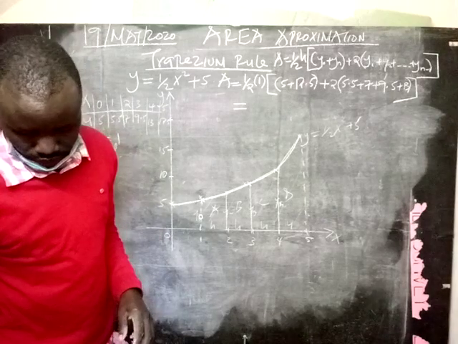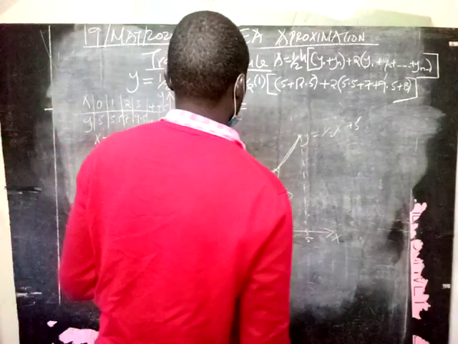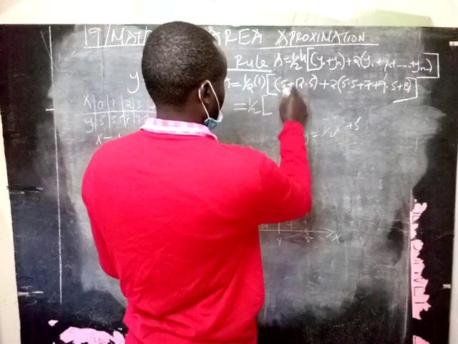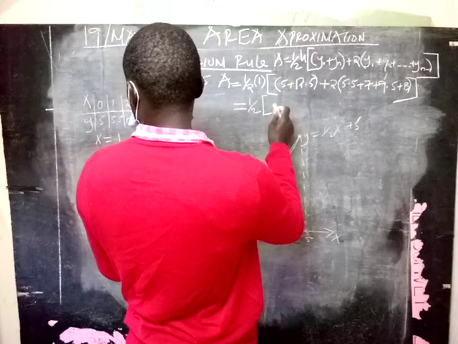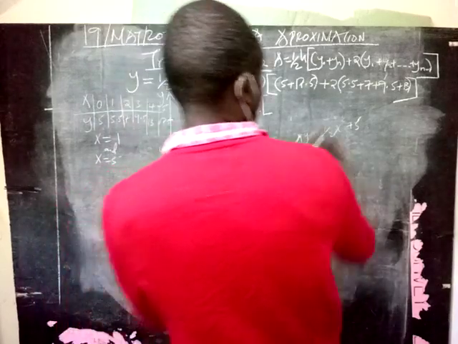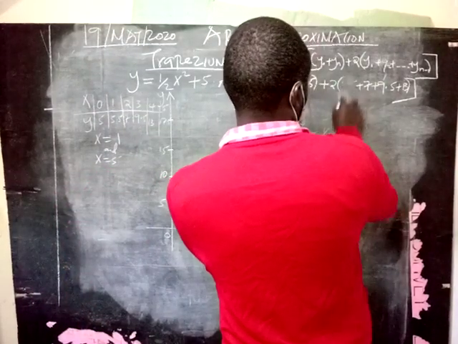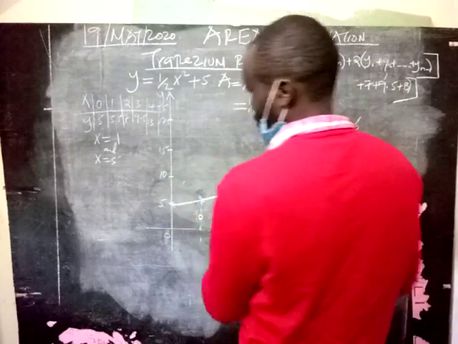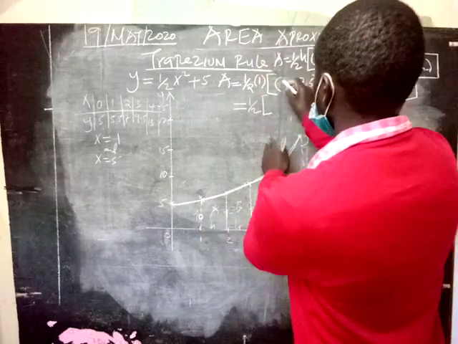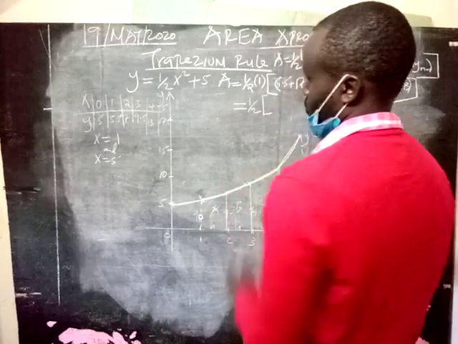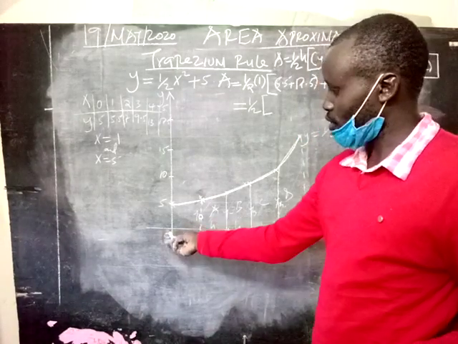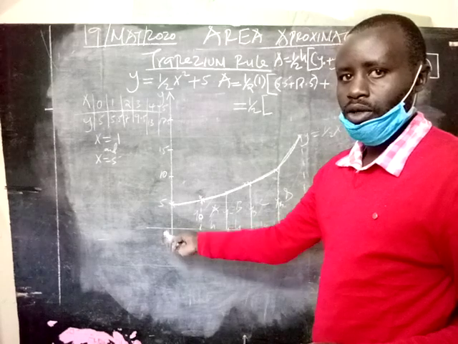And what you're going to get is half into, this one is 23 actually. No, here we have an error. Remember it was x equals 1. So we are starting from the height of this, which was 5.5. If we were asked to find from x equals 0, here is where we would have started.